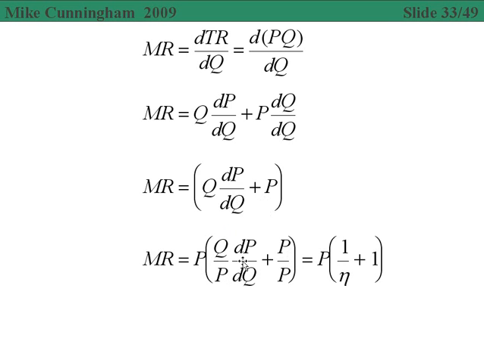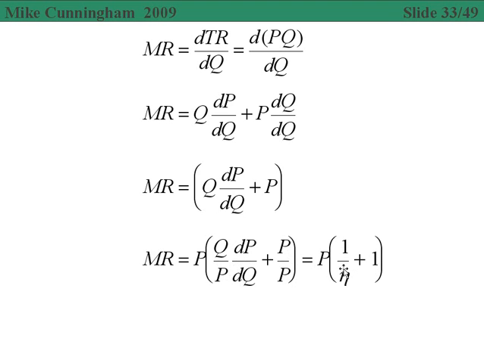Now this one here is interesting because that is the elasticity formula upside down. So marginal revenue is equal to P into 1 over the elasticity plus 1. The P of this one here is 1. And this formula, if you look back on your elasticity formulas, you'll find that is the elasticity formula, except it's upside down.